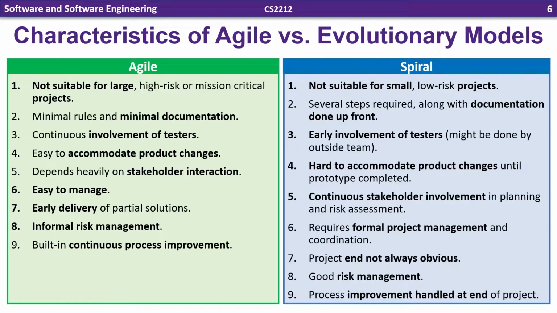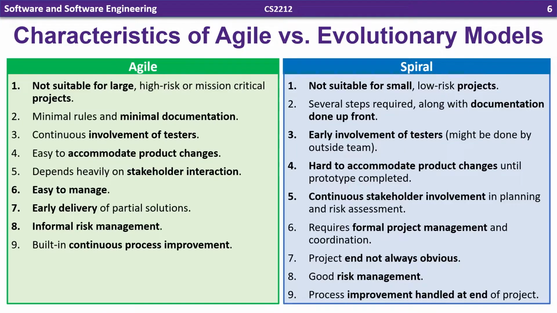Now, when we're talking about the spiral evolutionary model, it's not suitable for small, low-risk projects, but it does do well for large, more high-risk projects. So we have the risk management built in, and it's designed for bigger teams. Number two, several steps required, along with documentation done up front. Different than Agile, where the documentation is lightweight. Number three, early involvement of testers. Number four, hard to accommodate project changes until the prototype is complete.